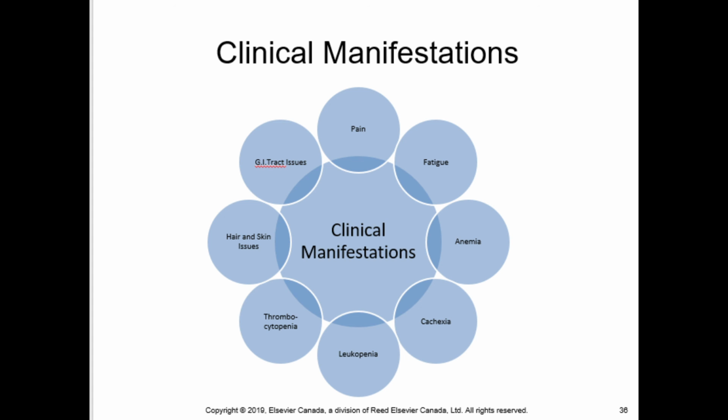However, this is usually temporary. In addition, skin can become dry and break down. These are a number of the different clinical manifestations that result with a cancer diagnosis. And that concludes this episode.